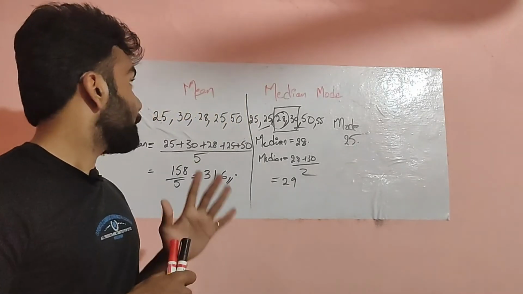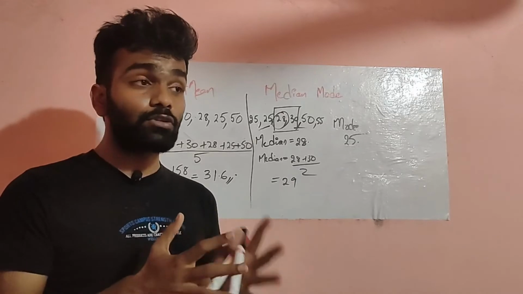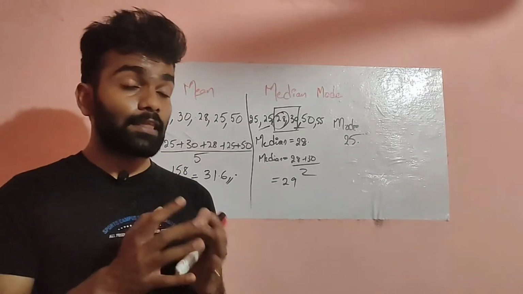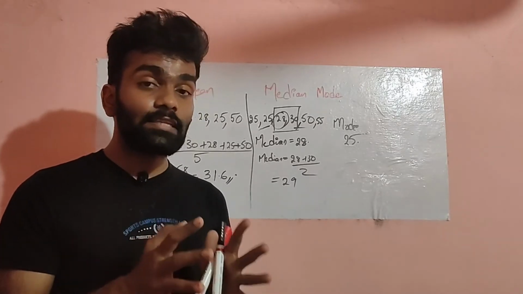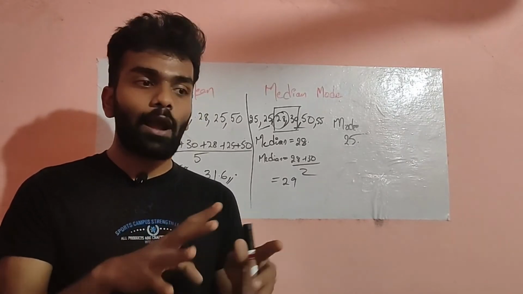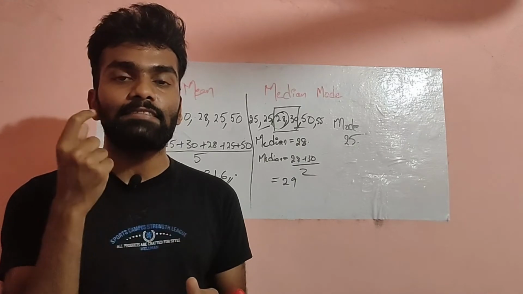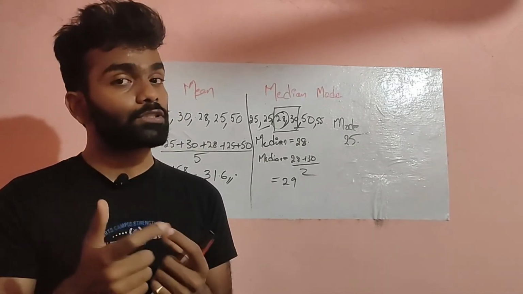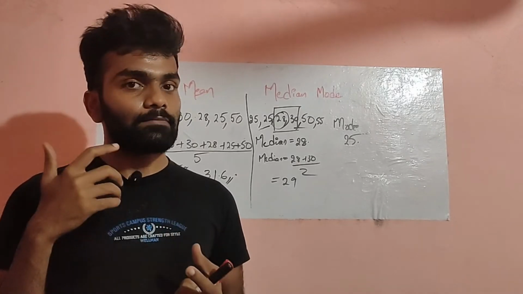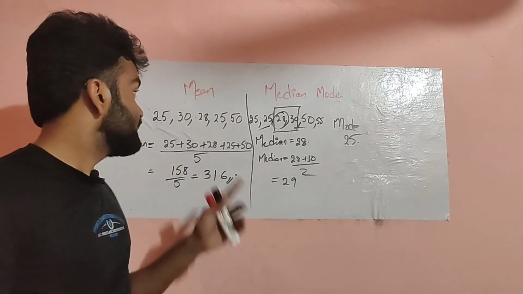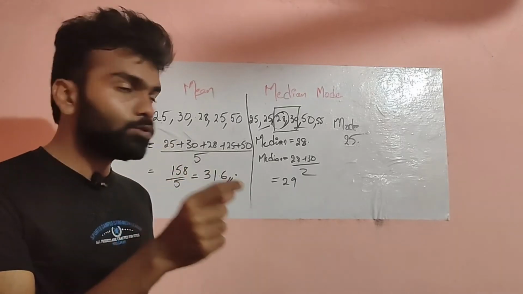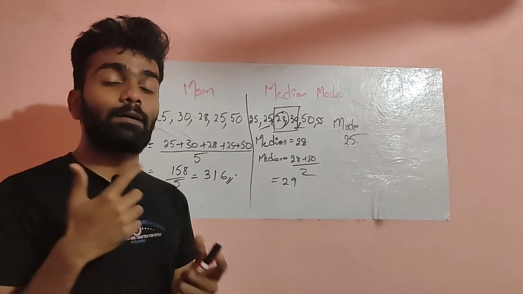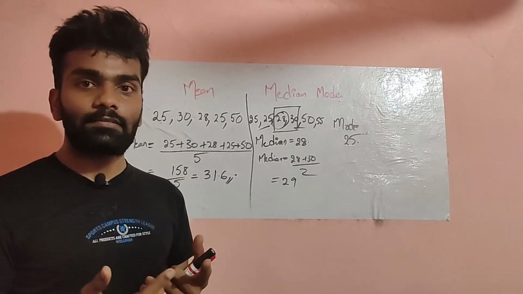The most frequently used central tendency is mean, since we include all the data to calculate the central tendency, to calculate the average. You can see here, in order to calculate the middle value, we included all the values. So that's why mean is the most frequently used central tendency.